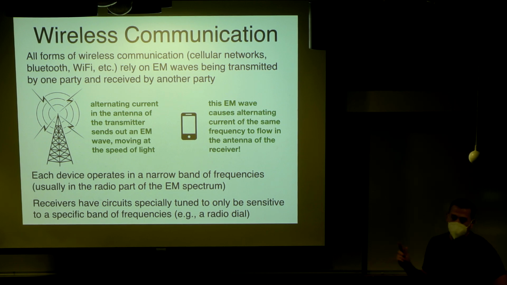So there's ways of doing that. We don't have time to cover it in this class, but you can read about LRC circuits, which is how you tune a circuit so it's sensitive to just one frequency, okay? When you turn the dial on your radio, at least in really old-fashioned radios, it's basically just a little LRC circuit with an inductor, a resistor, and a capacitor, okay?